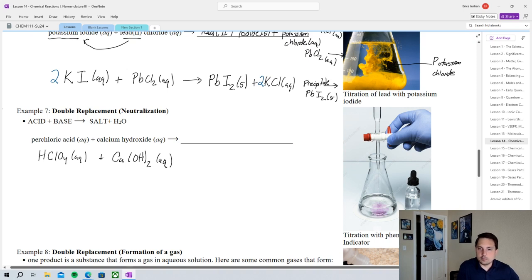And so this could be the acid here. It could be perchloric acid. And then here in the burette, we have calcium hydroxide. And then the pink is the indicator that's changing color.